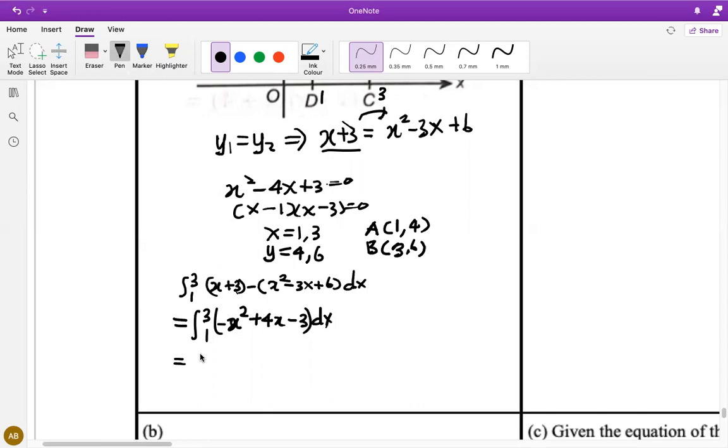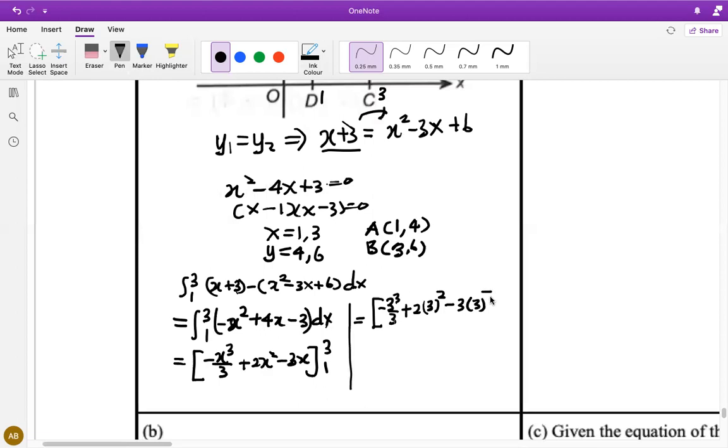Then you integrate, and you get negative x cubed over 3 plus 2x squared minus 3x, from 1 to 3. Substitute the values in. Negative 3 cubed over 3 plus 2 times 3 squared minus 3 times 3, then minus the negative 1 over 3 plus 2 minus 3.